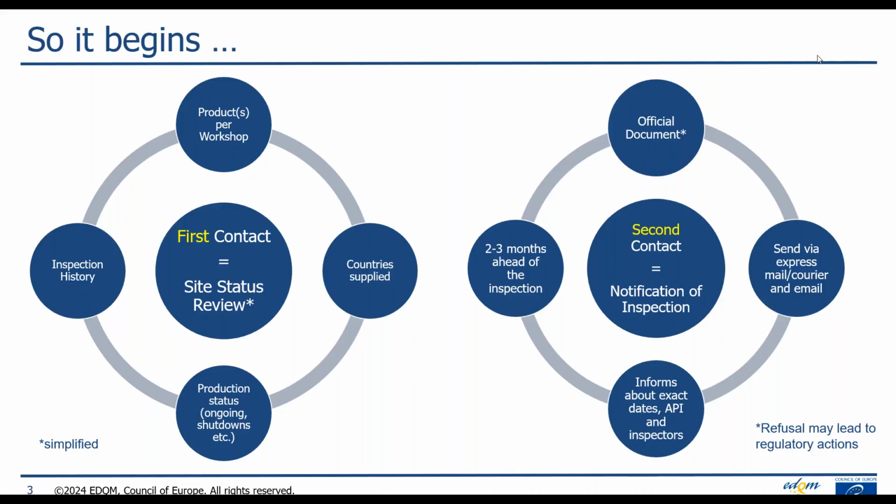This notification is sent by email, but also by courier, so we can trace at which moment the company did receive this document. It will inform the firm exactly about the dates when the inspection is being scheduled, the inspection team, and also the API that has been selected for this inspection.